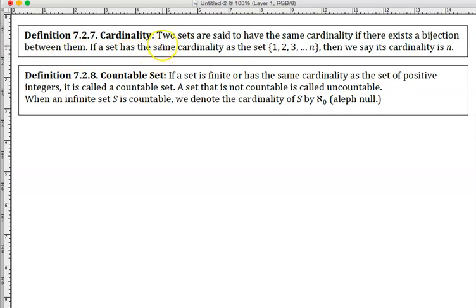Okay, so two sets are said to have the same cardinality if there exists a bijection between the two of them. Okay, so we know cardinality is how many elements are in the set. So this says that if there's a bijection between them, then they have the same cardinality, the same number of elements.